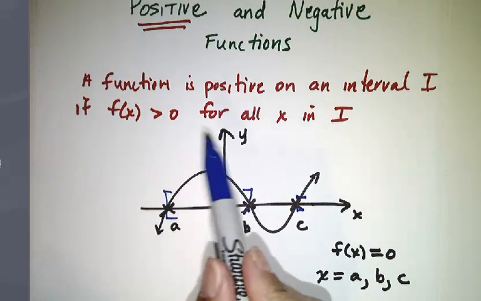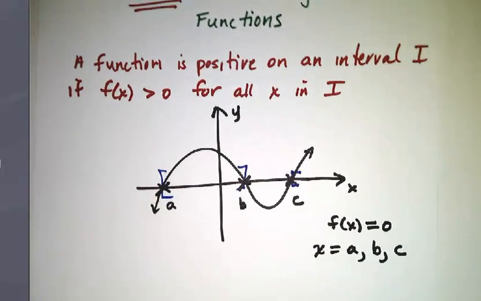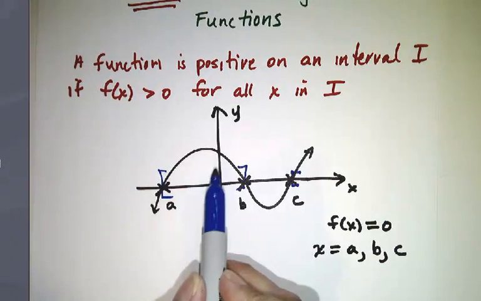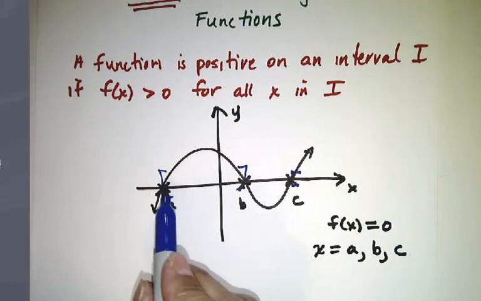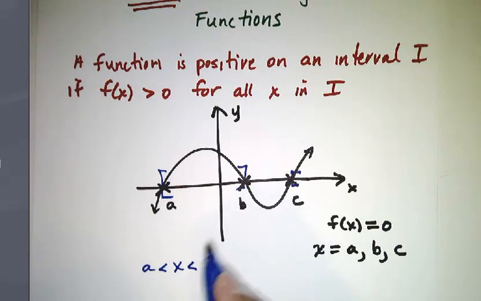Now the question is, how do you represent the answer for what it's asking? Well, the function is positive for which x values? So you're not going to give me the y values, you're going to give me the x values. So between a and b, we can write if x is bigger than a and less than b, then f of x is positive.